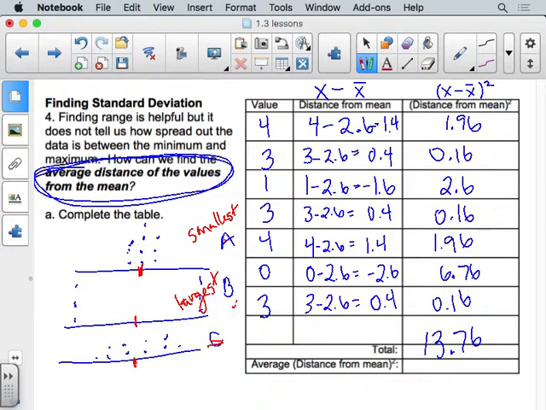So that was my positive distance for every number. Now I'm trying to get my average of them all, because we're doing an average. A mean, an average, means I have to add up all my values, so there they are, 13.76, and then divide by however many I had. So we're doing an average problem. I'm doing a mean, so all my values divided by 7.